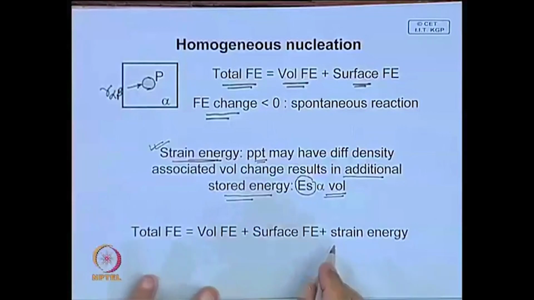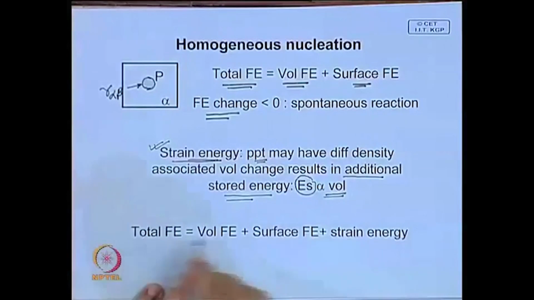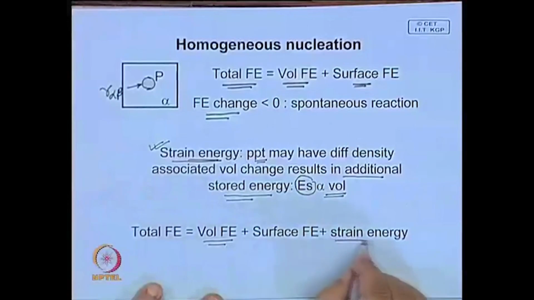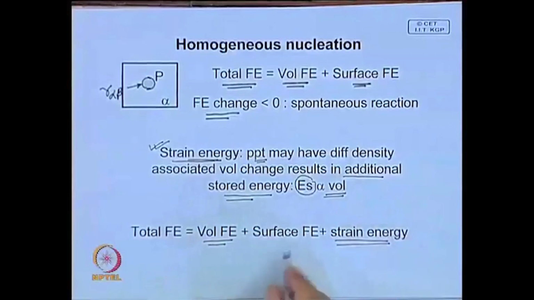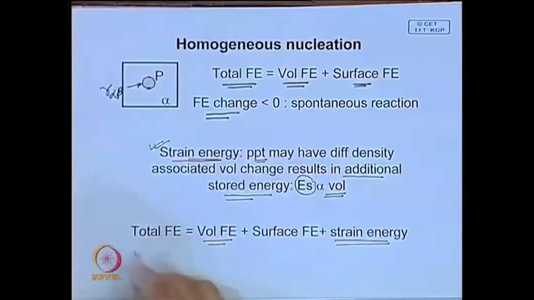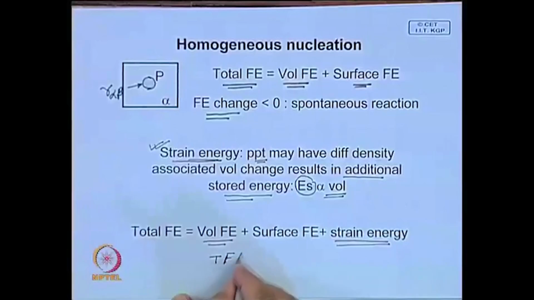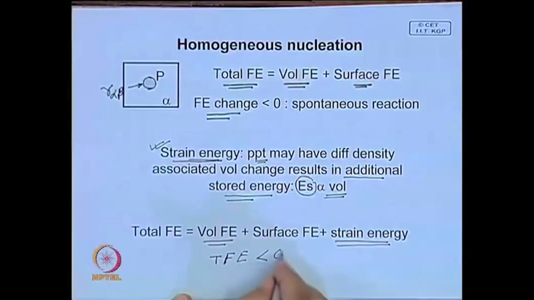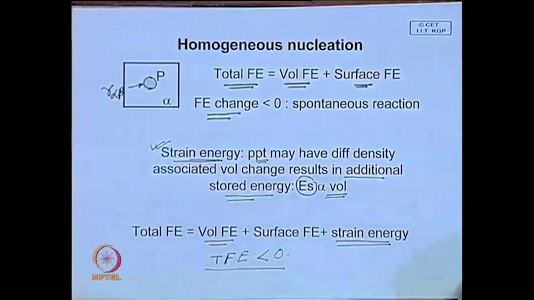So the total free energy change, apart from the volume free energy change, must include the strain energy component, and for the precipitation process to continue, this total free energy should be negative.